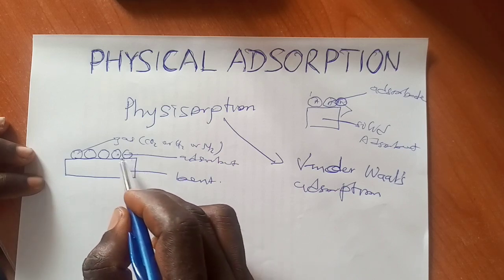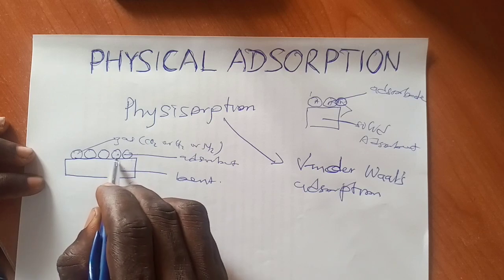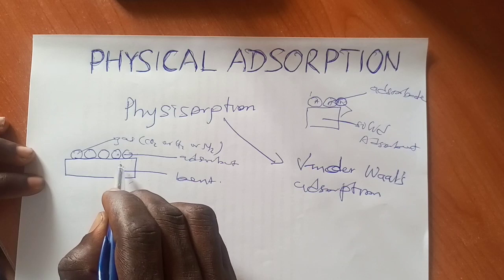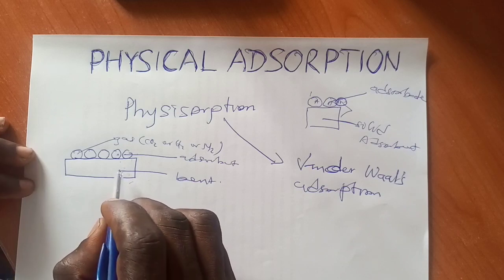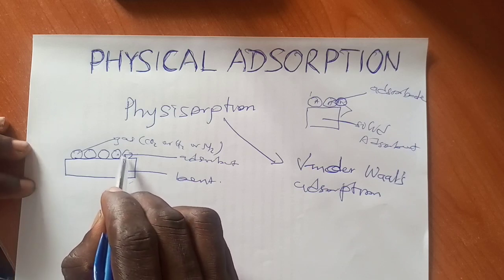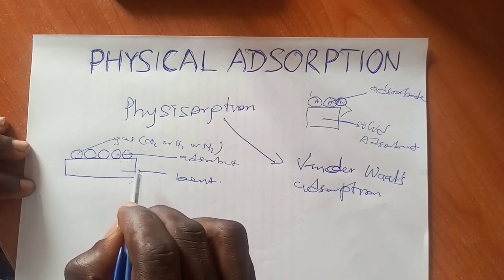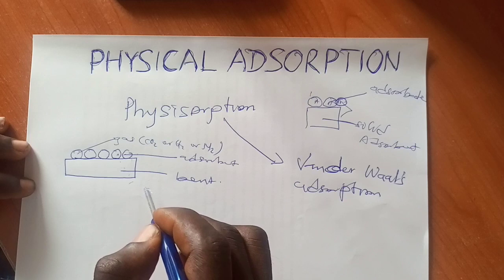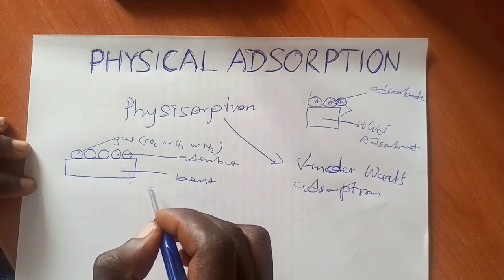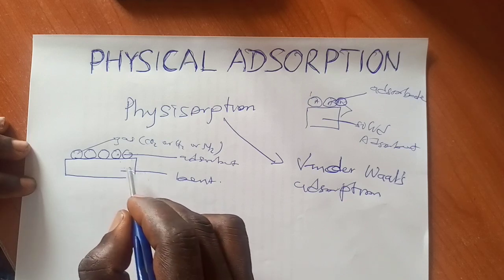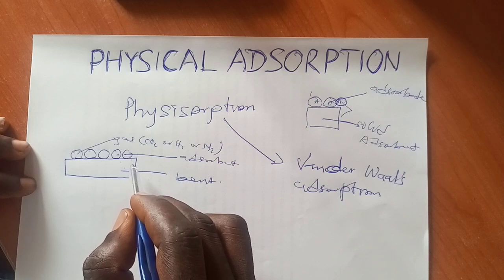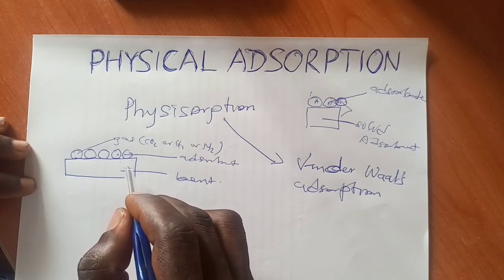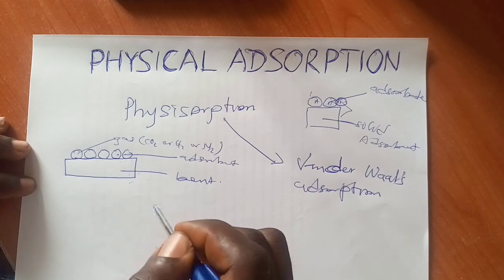Because the force holding the molecules on the surface of the solid is a weak van der Waals force, physisorption is a reversible process. I hope you understand that. In physical adsorption, what can be formed is a multimolecular layer, and it does not require activation energy.